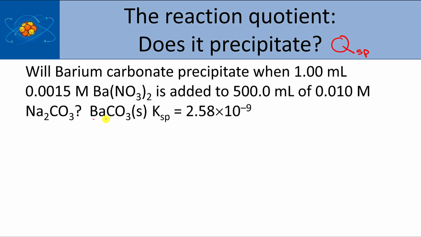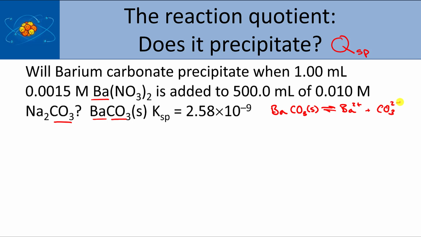In this instance, I'm looking at barium from this solution and carbonate from this solution, right? And the reaction I'm concerned about is whether or not BaCO3 solid, this equilibrium, will precipitate from these ions.